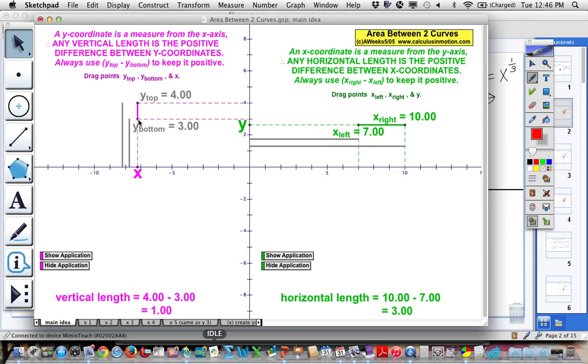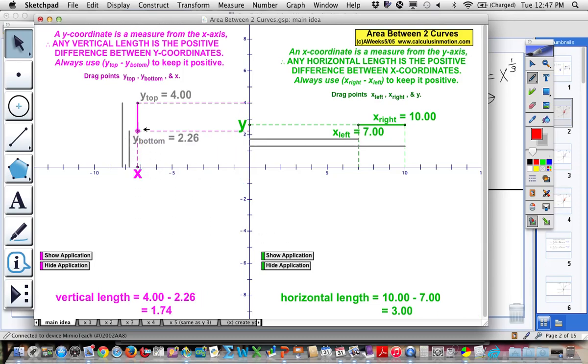Now that also works even if your bottom y value is down here in the negative, right? Because you'd have 4 take away negative 3, which would be 7, and that is that length, right? So even if one of them's down here and one of them's up here, everything's fine. We take the top y value minus the bottom y value. That will give us the length of that strip, okay?